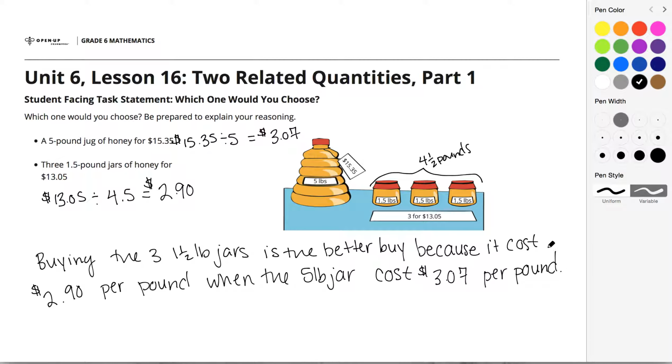Okay, and that's our first one. Just a quick review on unit rate using that division to help us figure out the price per one.